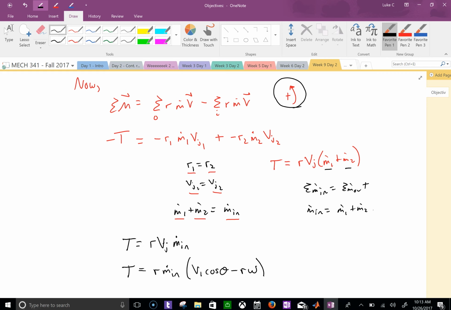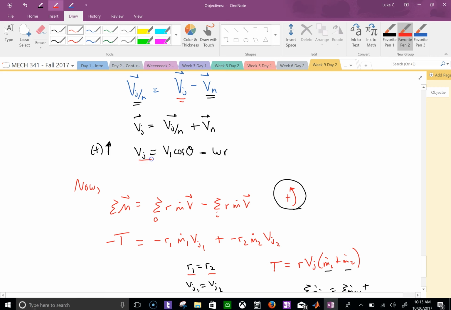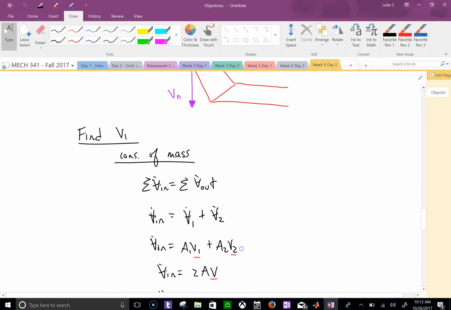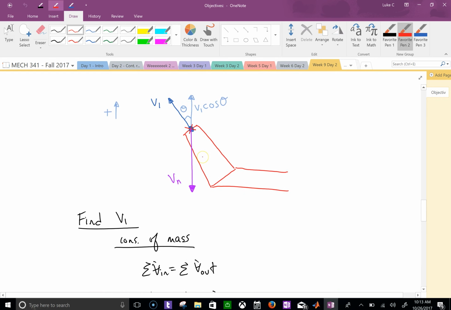Shouldn't that be a positive R omega? No, because when you rearrange, it'll be negative times a negative. This velocity here is based on this term here. Why was the negative here? Because, we'll scroll up here, this thing is moving that way, right?